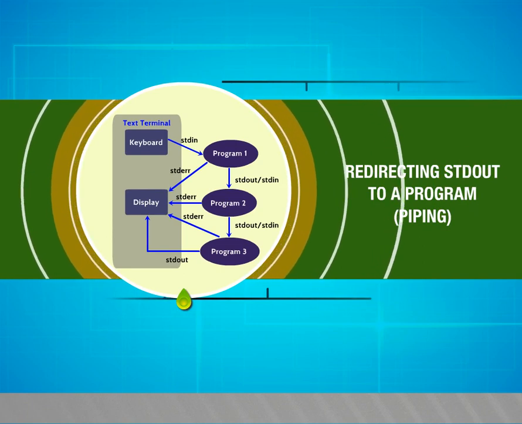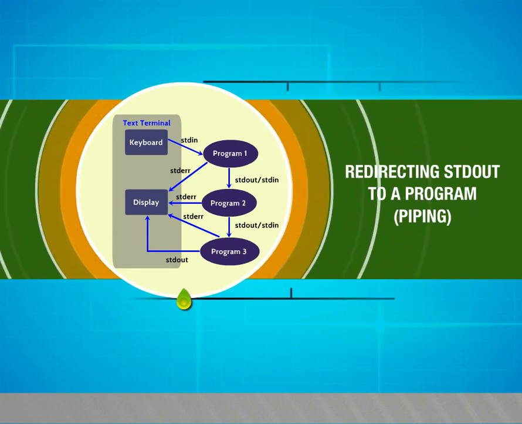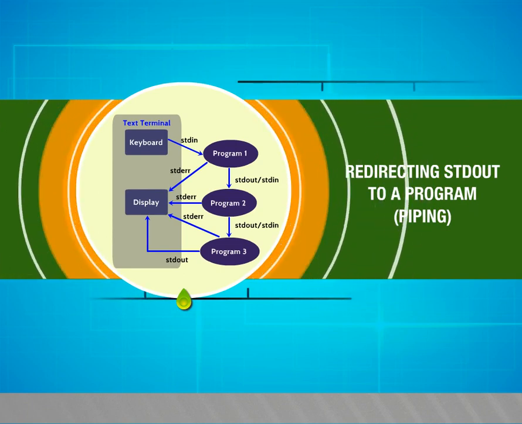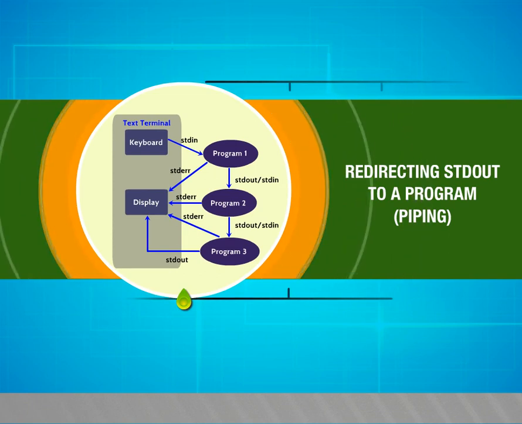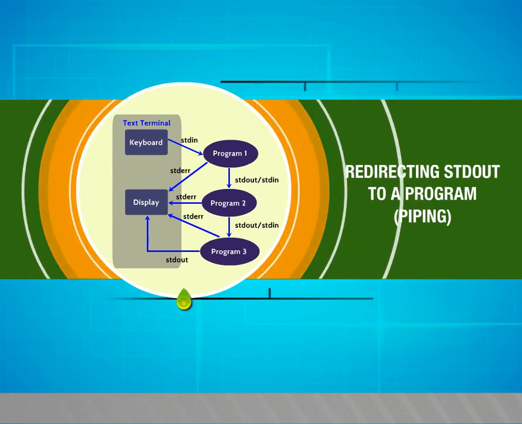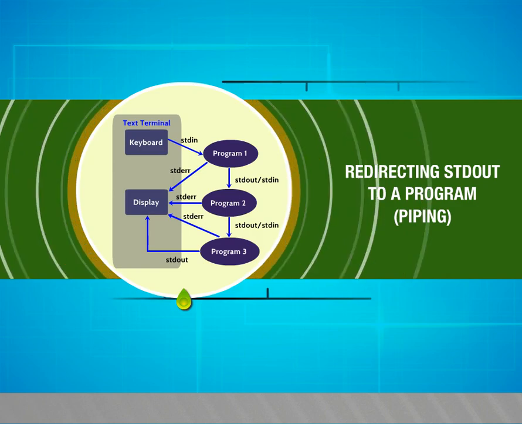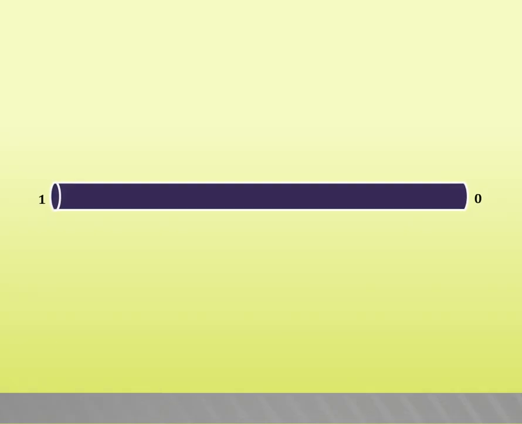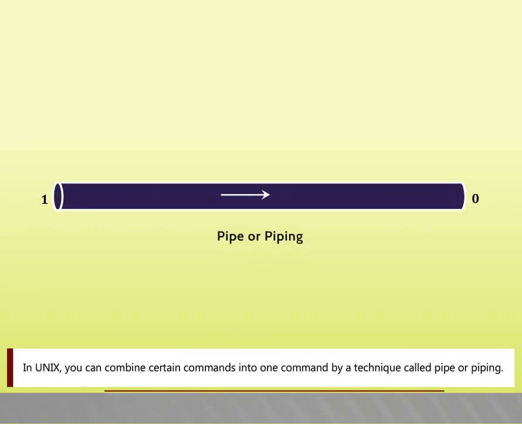Redirecting standard output to a program, that is piping. In this video, we are going to see about redirecting standard output to a program. In Unix, you can combine certain commands into one command by a technique called pipe or piping.